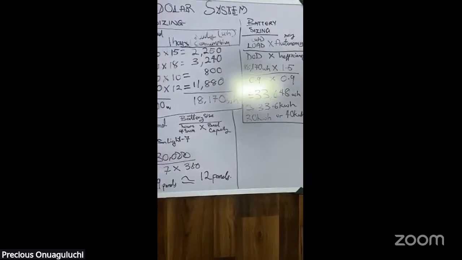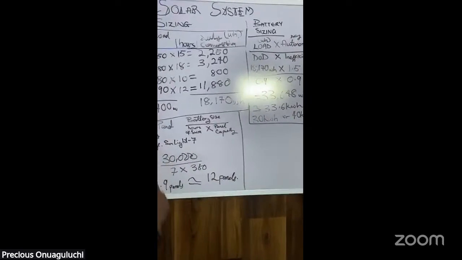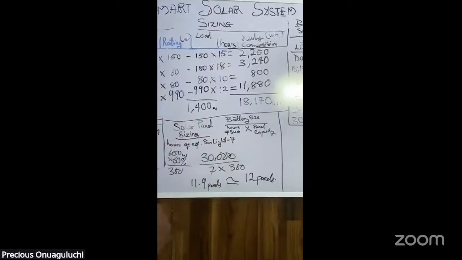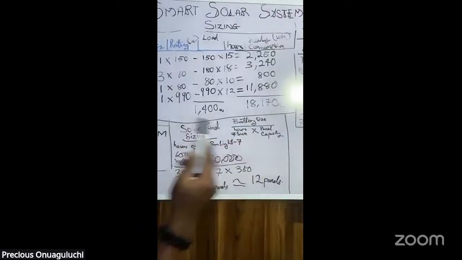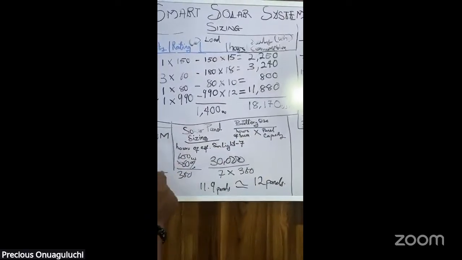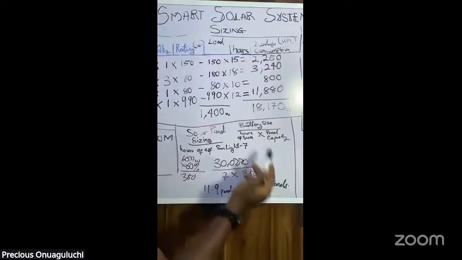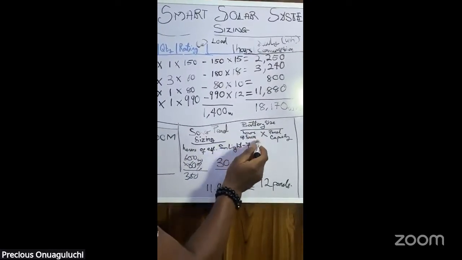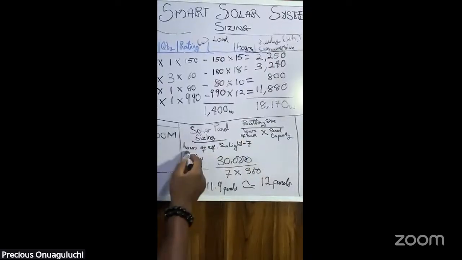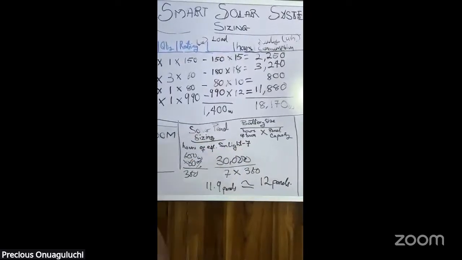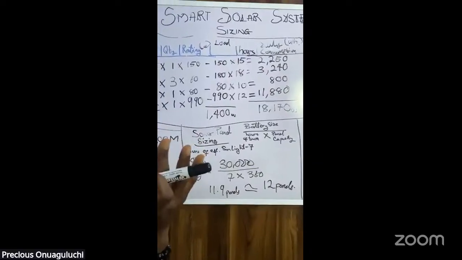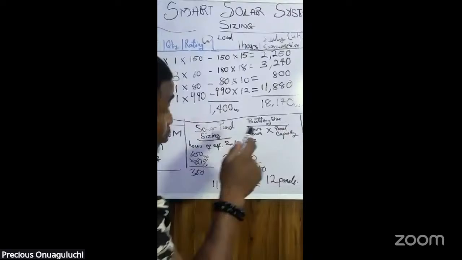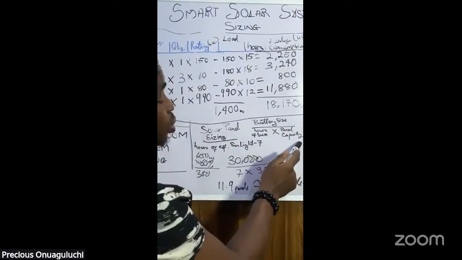So next, we've come to solar panel sizing. In solar panel sizing, I told you that the formula to calculate how many solar panels are needed to charge your battery is battery size divided by hours of effective sunlight. In my situation, I use 7 hours. It can be literally a constant because in Nigeria, you can assume an average of 7 hours. And then the panel capacity we want to use.